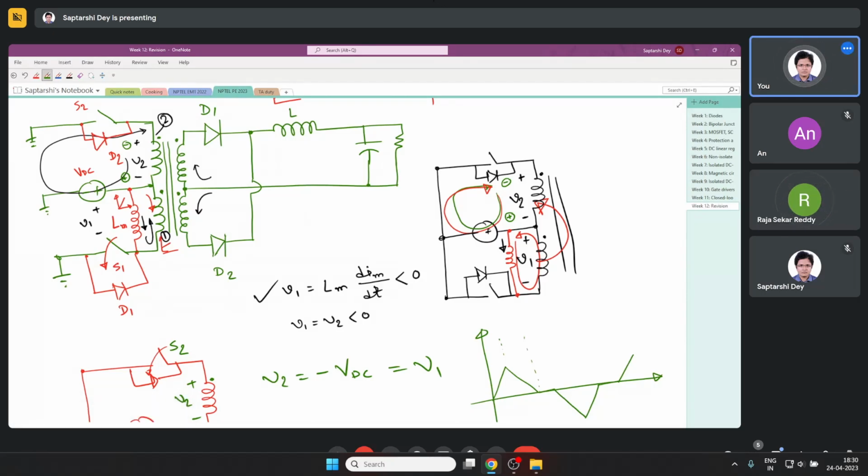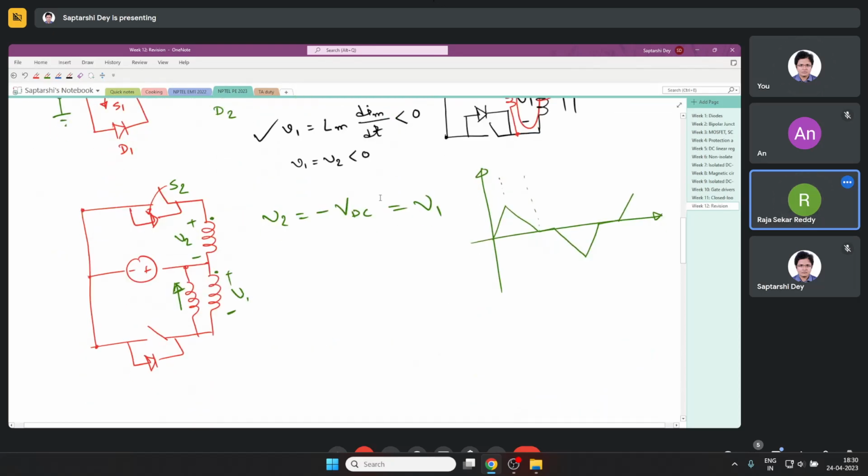Flux in the core will remain the same, like any power transformer. Here at any instant, at least one winding will be carrying the current.